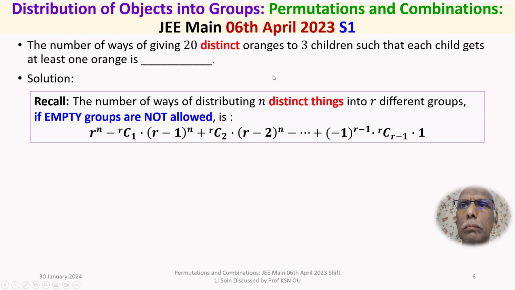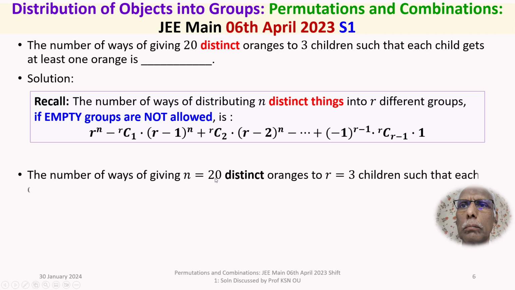Right. Let's now apply this to our question. The number of ways of giving n equal to 20 distinct oranges to r equal to 3 children such that each child gets at least one orange. Each child getting at least one orange is the same as empty groups not being allowed. That means every child must get at least one object.